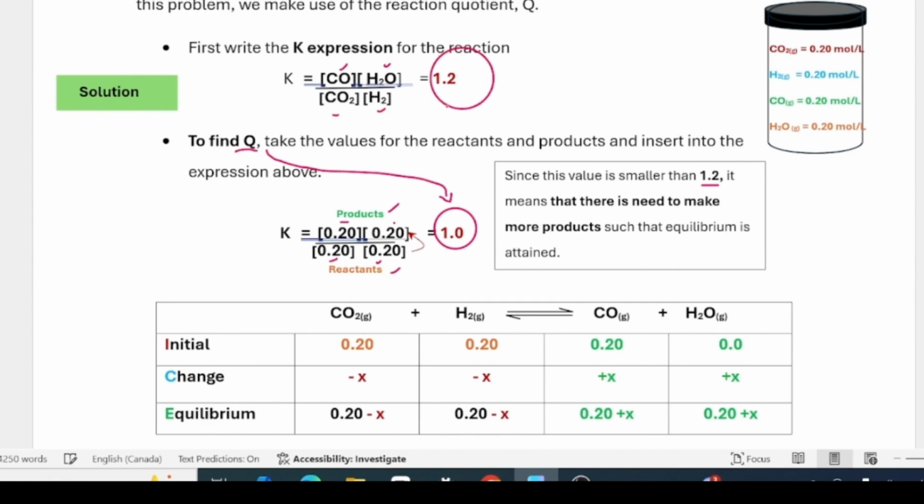As these concentrations are, some types of internal adjustments have to be made between the product and reactants such that we end up with 1.2.